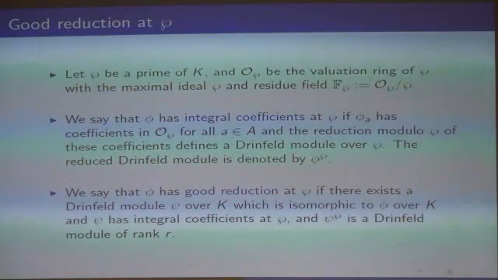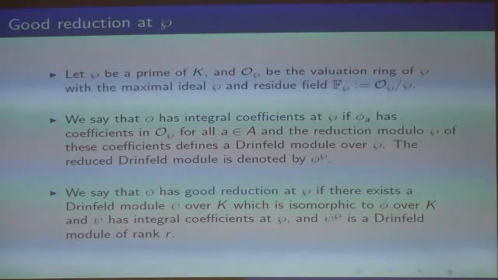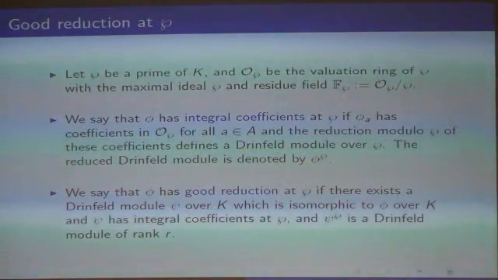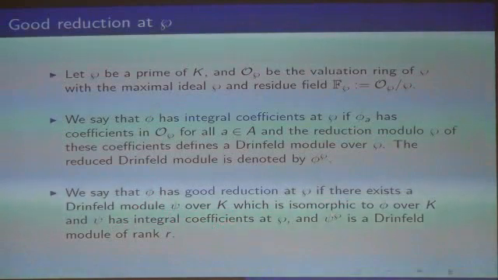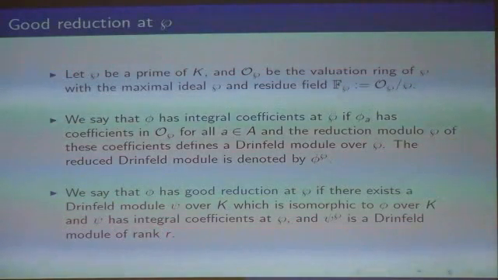That means phi is isomorphic to itself with integral coefficients, maybe it definitely satisfies these conditions. But if not the case, phi has to have some isomorphic Drinfeld module psi with integral coefficients whose reduced module preserves the same rank R. Then we say it's a good reduction. But if the rank decreases, then we say it's a bad reduction.